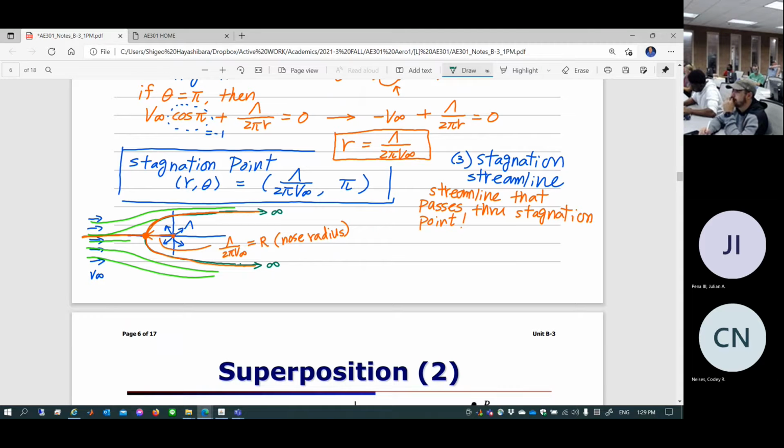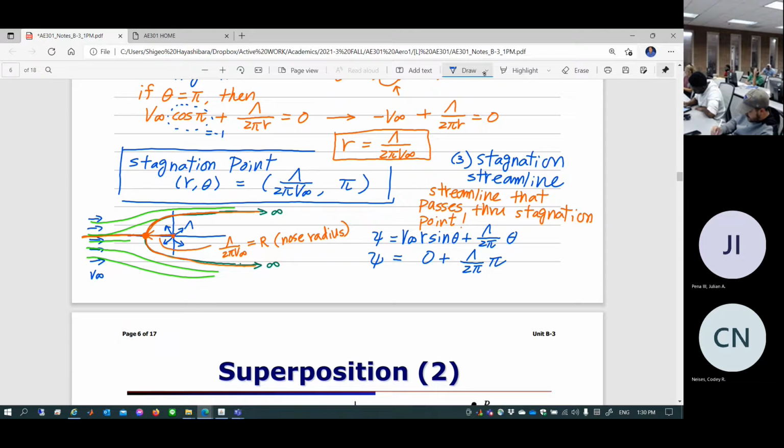Once again, I'm going to pick up the original stream function: psi is equal to b infinity r sine theta plus lambda over 2 pi theta. Then you plug in the stagnation point, r equal to lambda over 2 pi b infinity, theta equal to pi. By the way, what's sine pi? 0. So psi is equal to 0 plus lambda over 2 pi times theta equal to pi.